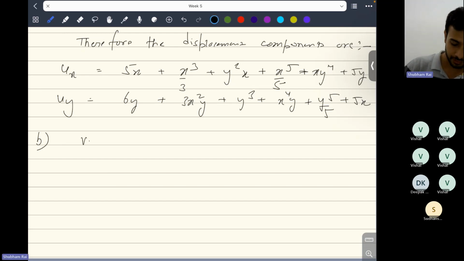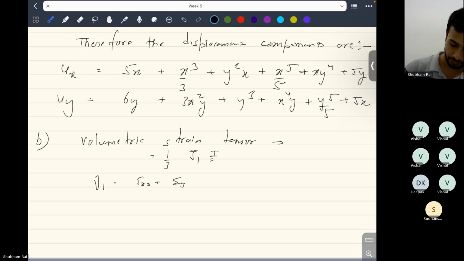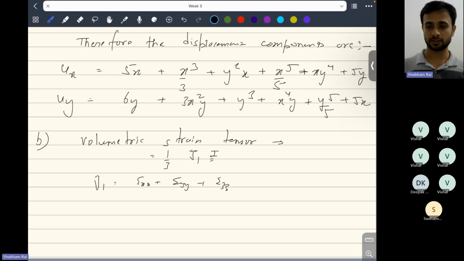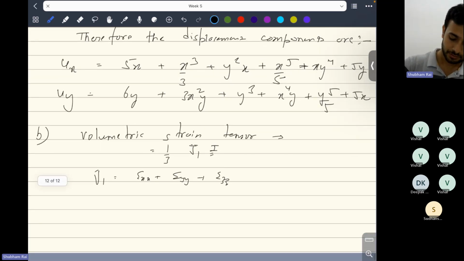Firstly, let's find the volumetric strain tensor. That will be given by 1 by 3 J1, the first invariant, times I. And J1 is nothing but the trace of the strain tensor, epsilon xx plus epsilon yy plus epsilon zz.